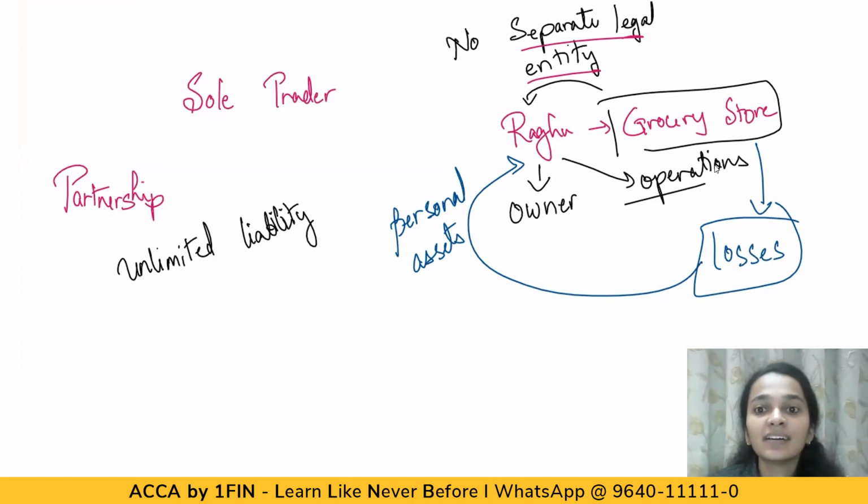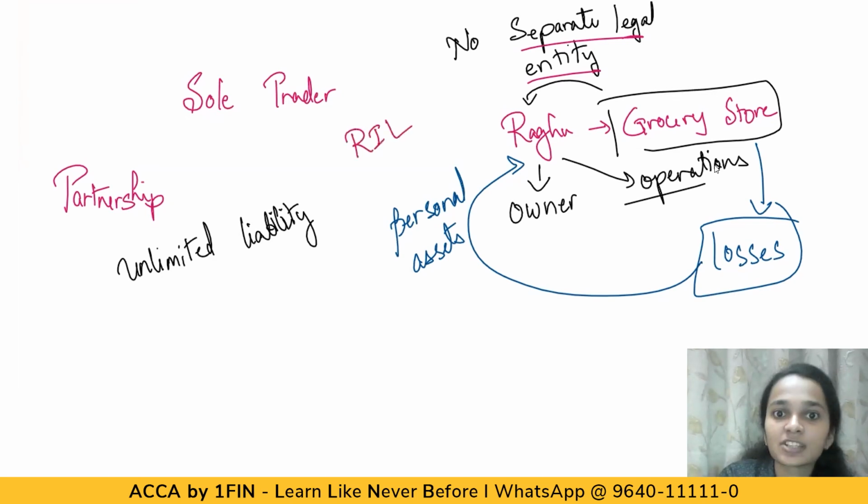So, when say you've invested in Reliance Industries Limited, you are an investor of Reliance Industries Limited. Will you be personally liable for the liabilities of this company? Are you personally liable for the liabilities of Reliance? You are an investor here. You are a shareholder of Reliance Industries Limited. So, will you be personally liable for the liabilities of Reliance?